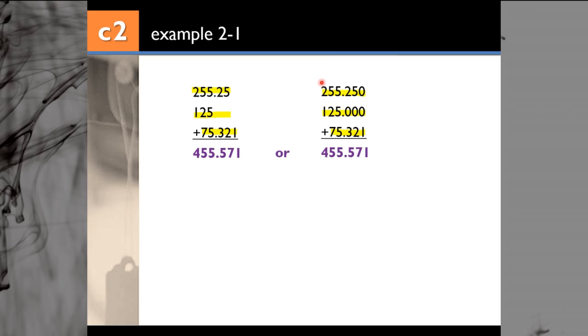So you put 1 here, so that's going to be 455.571. So you have to know that your number is not going to be changed whether or not you add additional zeros on the right of your decimal point.